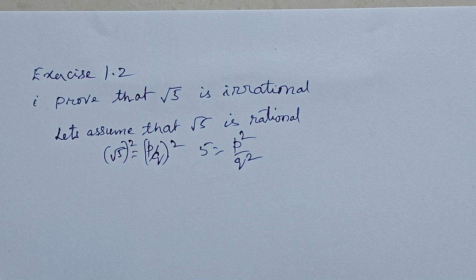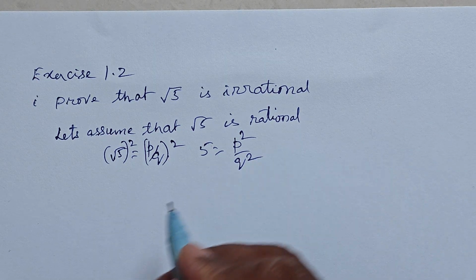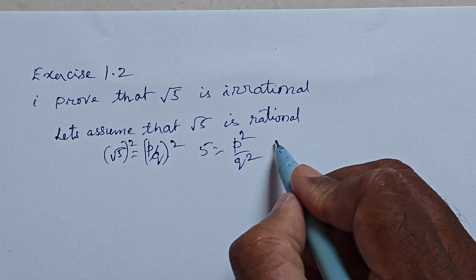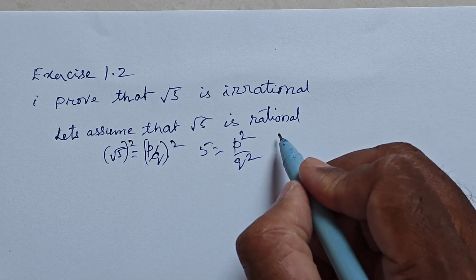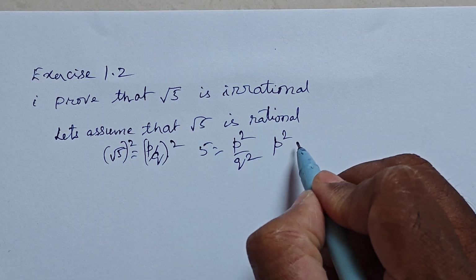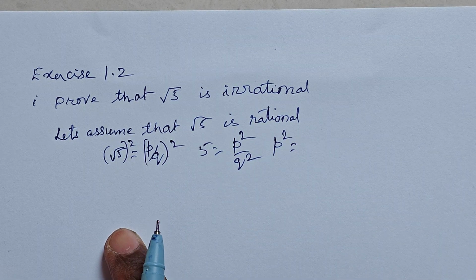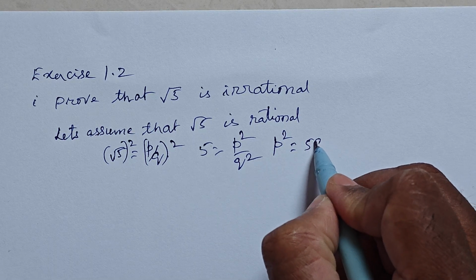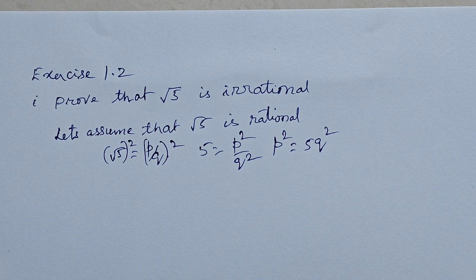Correct? So, what does it mean? You can write each line below the other, because I am trying to ensure that the video is not scrolling over too frequently. I am trying to optimize here, but that is much better for your notes and exam point of view.